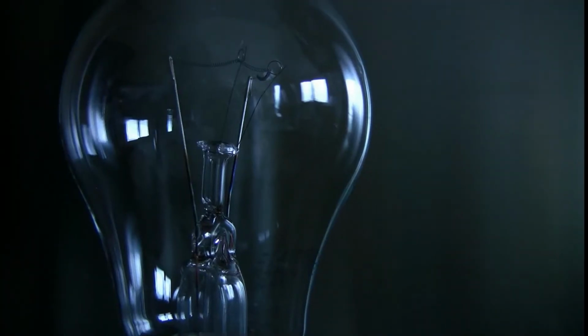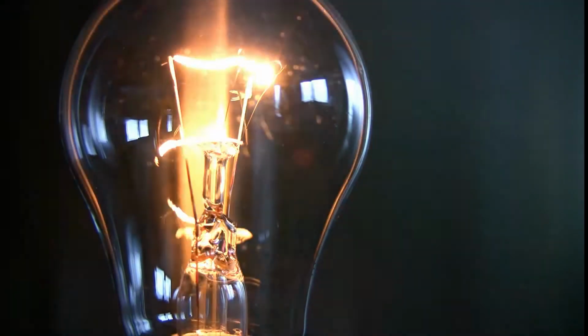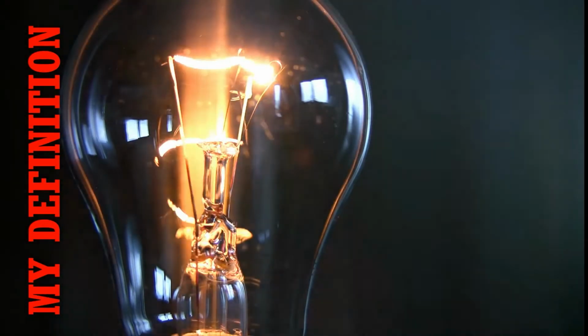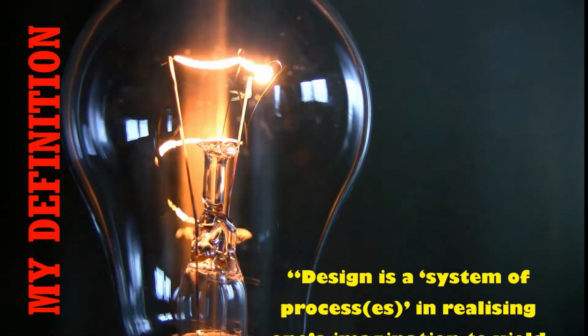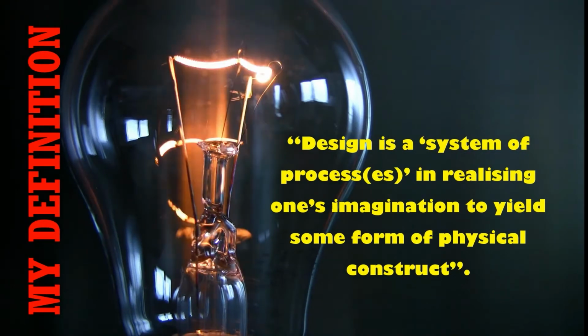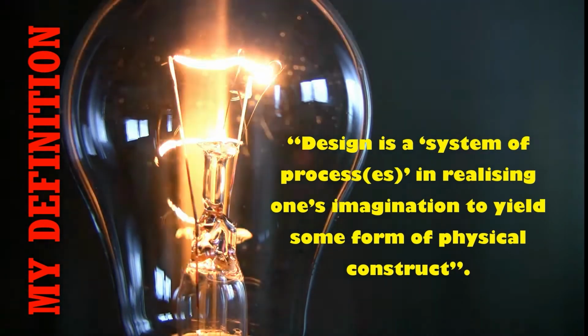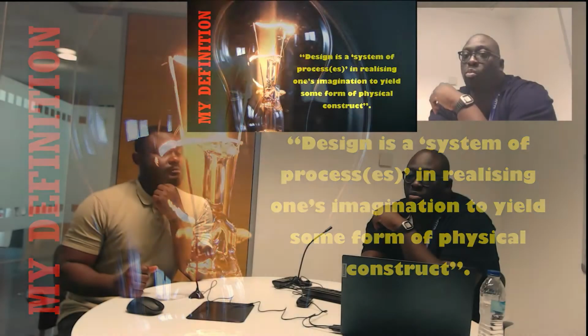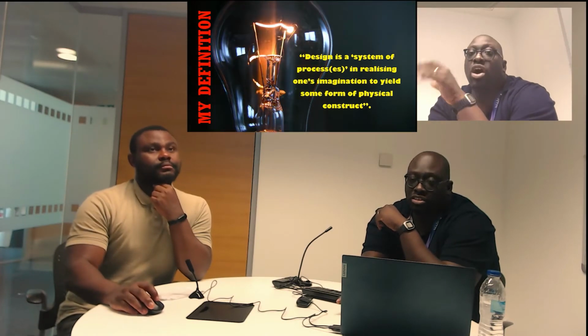What process do you set in place for that mental image to become a physical construct? So my definition is as follows: design is a system of process or processes in realizing one's imagination into some form of physical construct. That's essentially how I would define design.